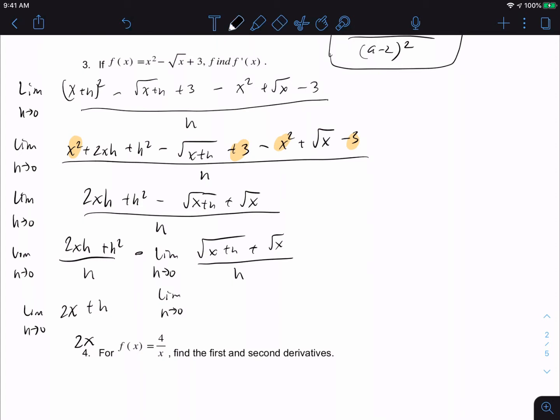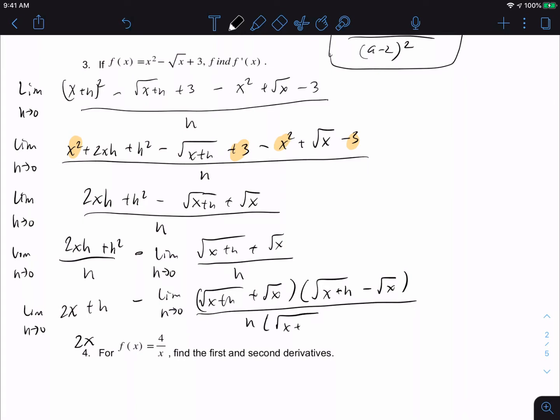Okay, so when I multiply by the conjugate, I'm going to get square root of x plus h plus square root of x times square root of x plus h minus square root of x. Gee, my writing's getting terrible. And then the denominator is going to have that same piece. Right? So that's going to become x plus h minus x over h times square root of x plus h plus square root of x.